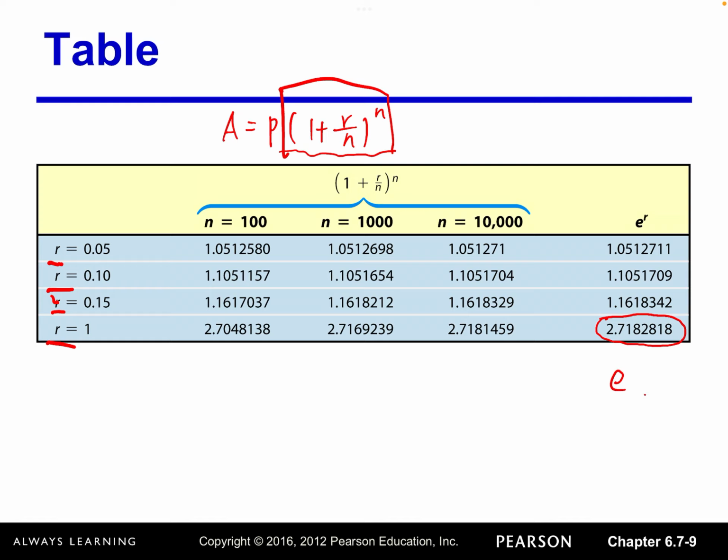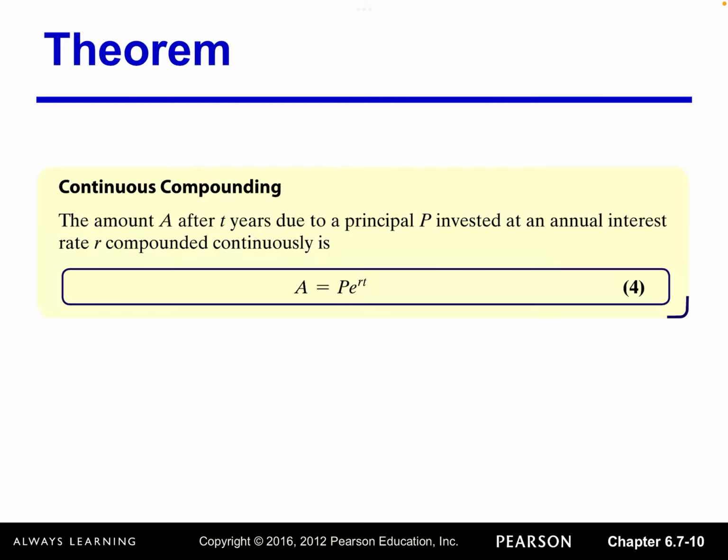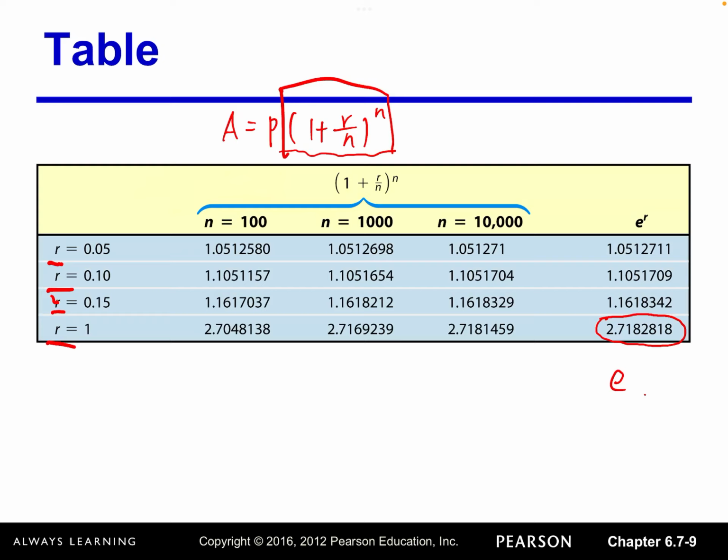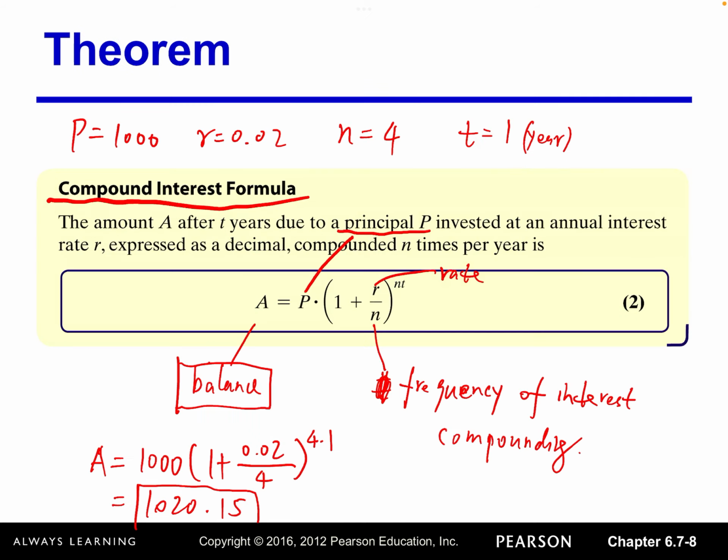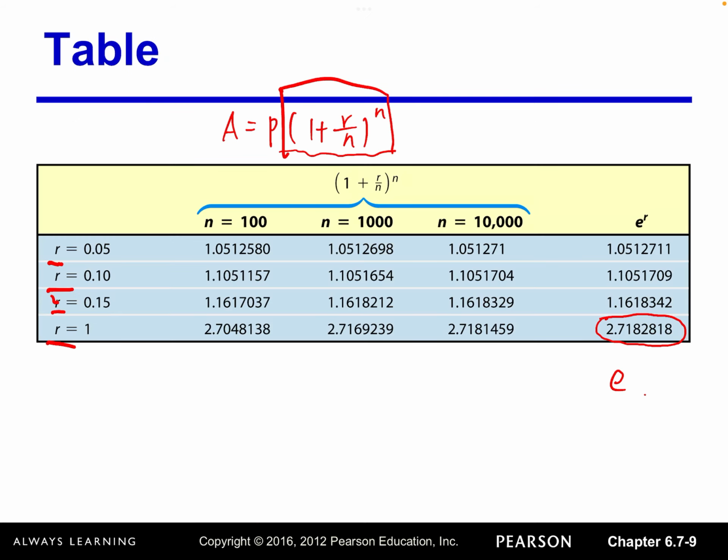When the interest is compounded continuously, we can find the account balance by P times e to the RT power. If you look at this, it's N times T power.